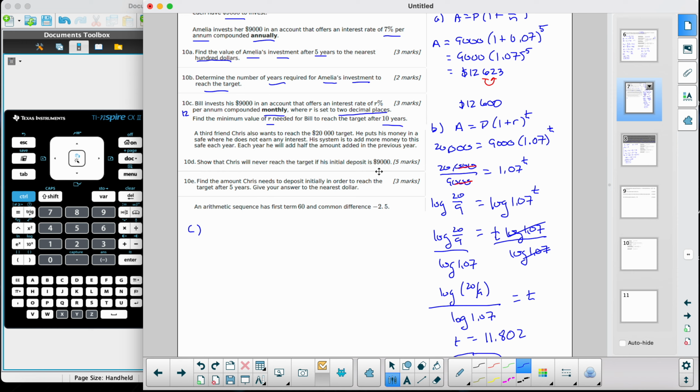All right, fine. So here we go again. A equals P times 1 plus R over N, to the NT. The target is 20,000. 9,000 times 1 plus, we're solving for R over 12.